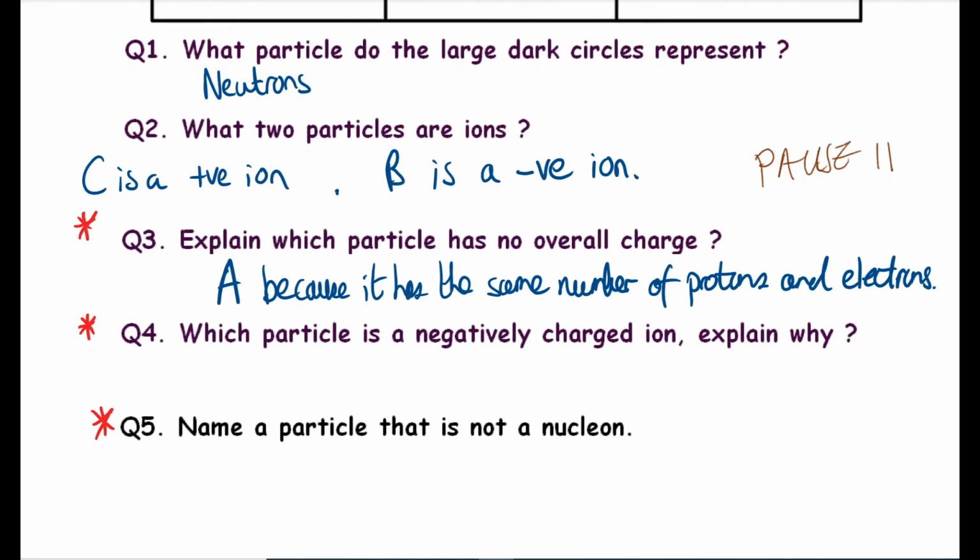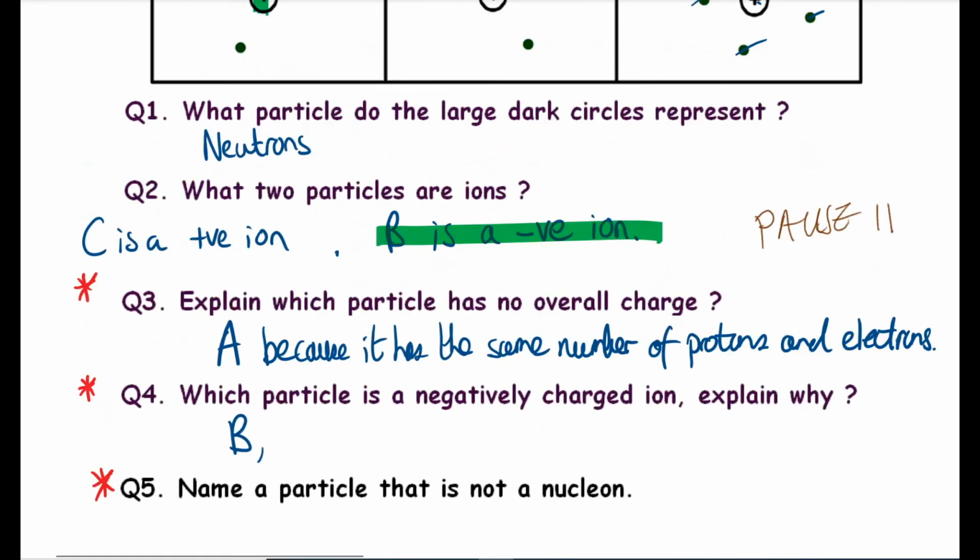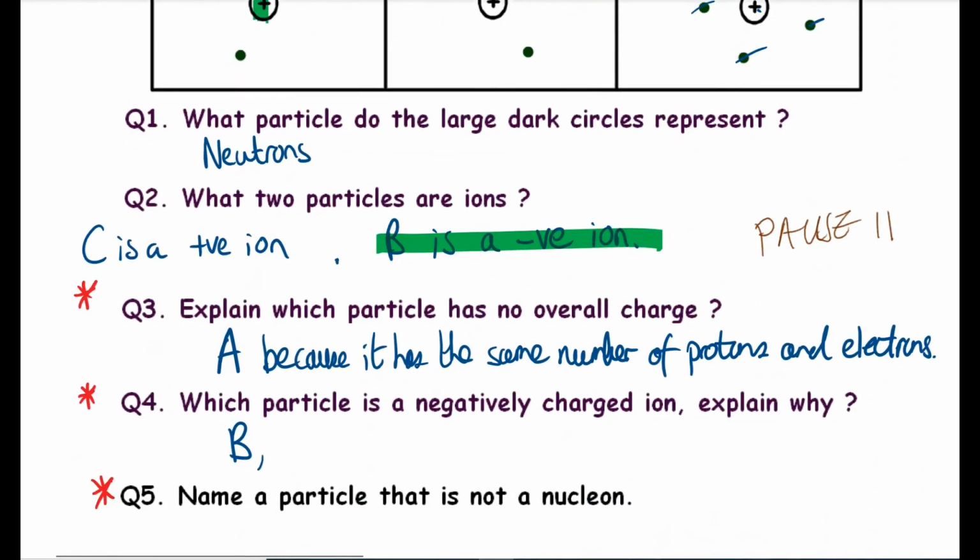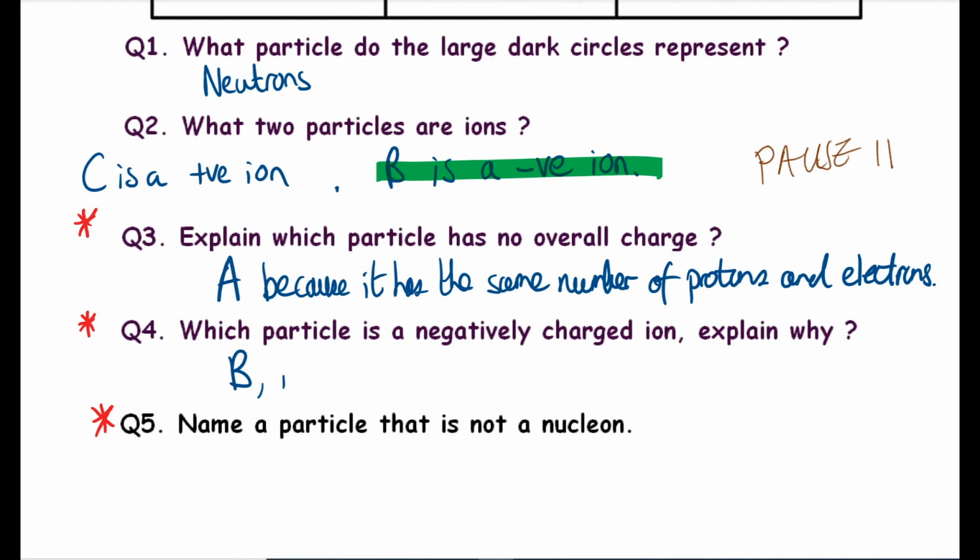Which particle is a negatively charged ion? Oh, we've already answered that up above here. B is a negatively charged ion. The explanation: it has 5 electrons and 3 protons.